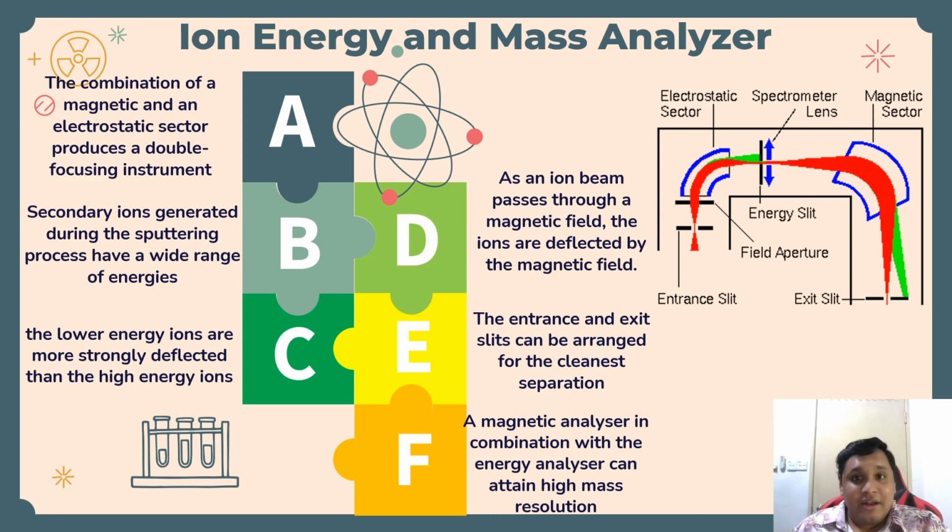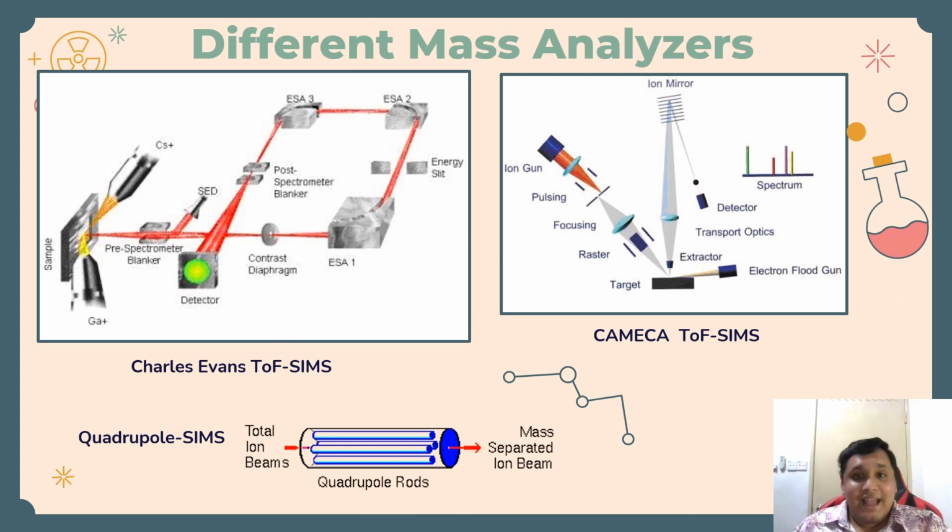As the secondary ions pass into the electrostatic energy analyzer, the lower energy ions are more strongly deflected than the high energy ions. As an ion beam passes through a magnetic field, the ions are deflected by the magnetic field. The entrance and exit slits can be arranged for clearness of separation. A magnetic analyzer in combination with the energy analyzer can attain a high mass resolution. These are example schematics of mass analyzers which can replace the traditional double focusing magnetic sector.